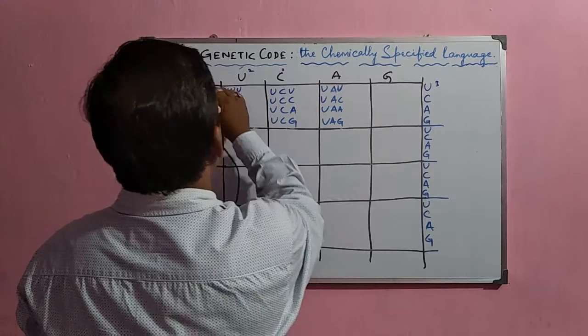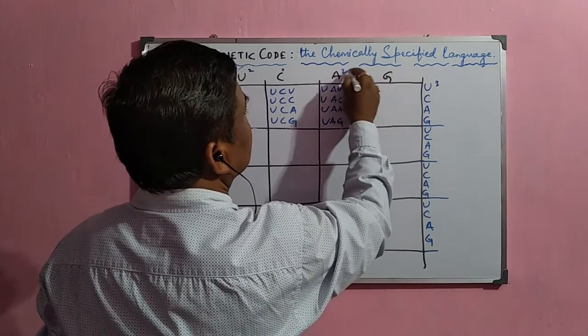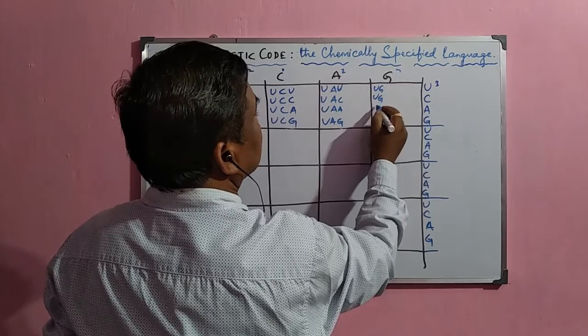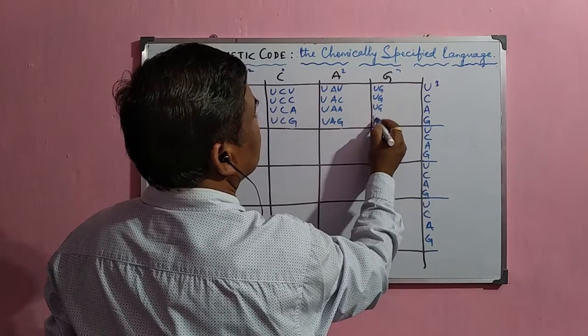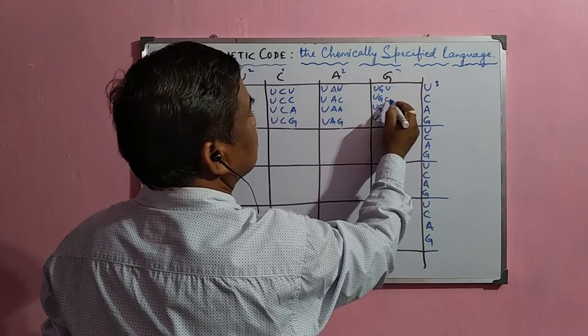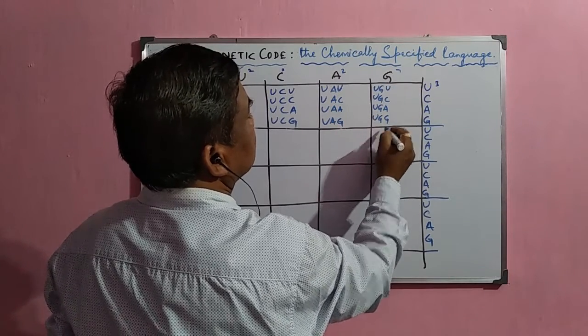Here the first one will be U, then it is G, so UG, and here the third base is U, then C, then A, then G.